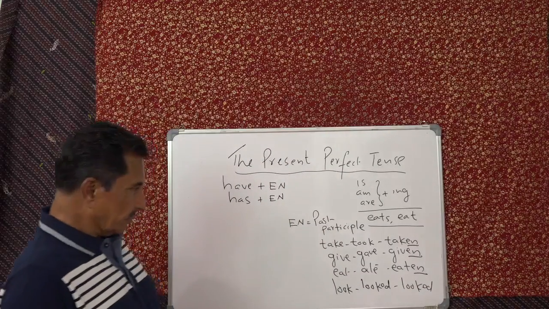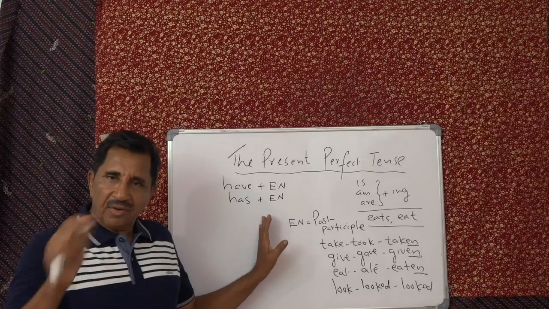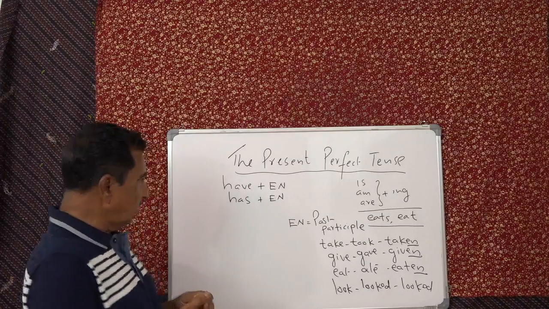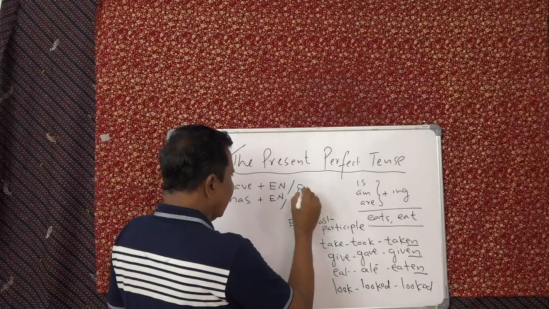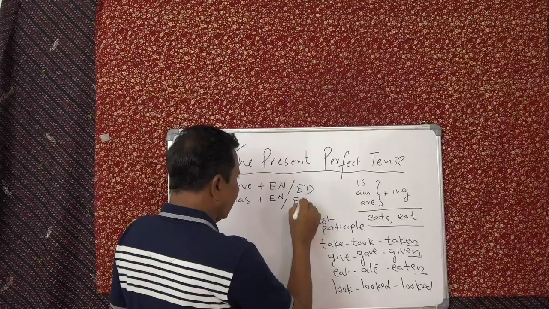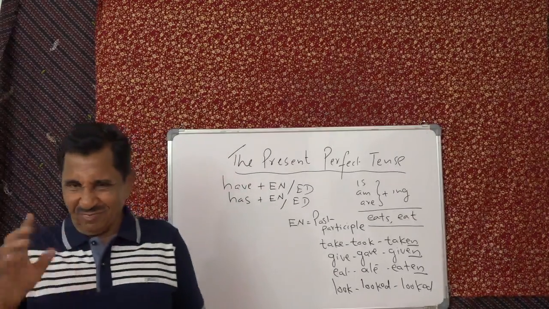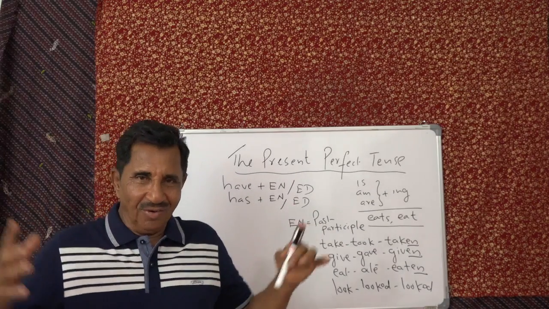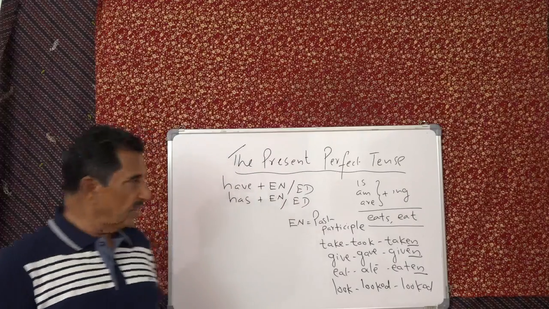So when we write a formula, instead of writing en or ed, it doesn't look good, it looks very big. Therefore, what we do, we use only one.